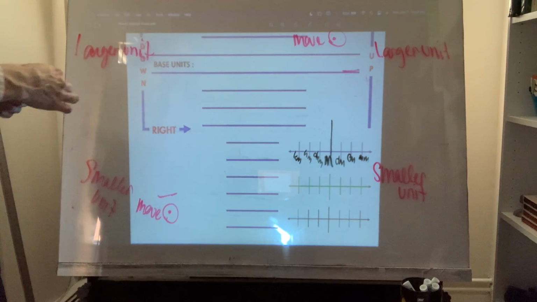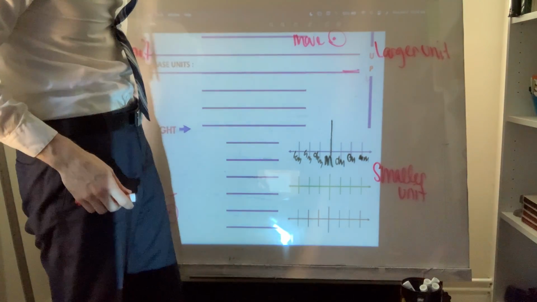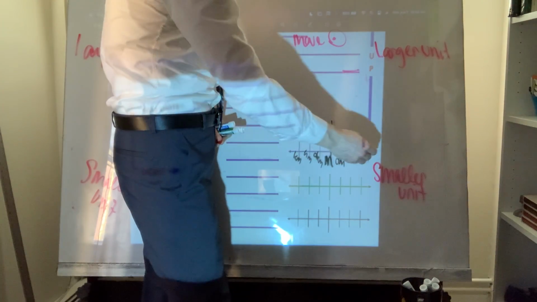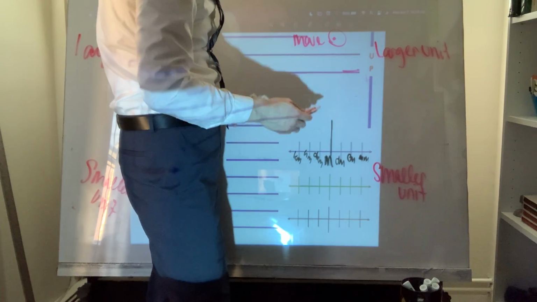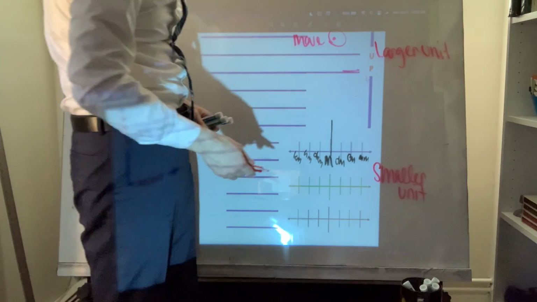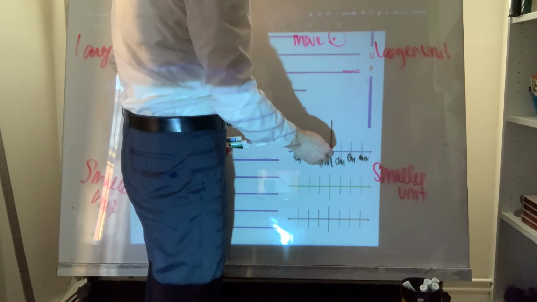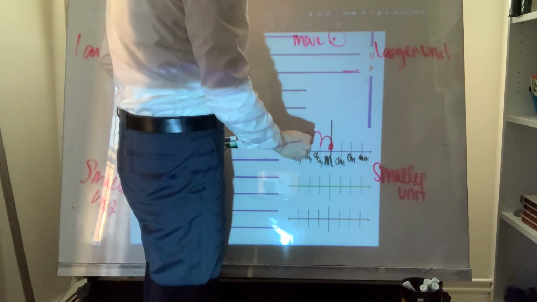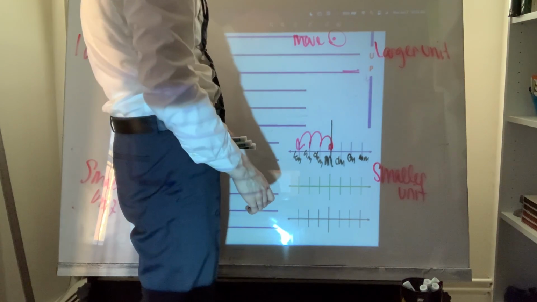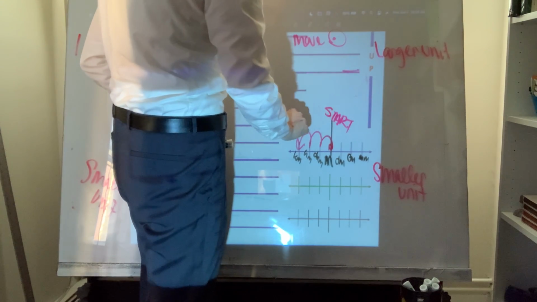So essentially, if you are given something, you're going to put a dot on the scale for the unit that you are given. And then, depending upon what you're converting to, you will make jumps to that place. You know? So you may start here potentially, and you may end here.